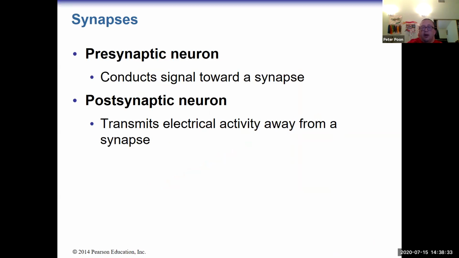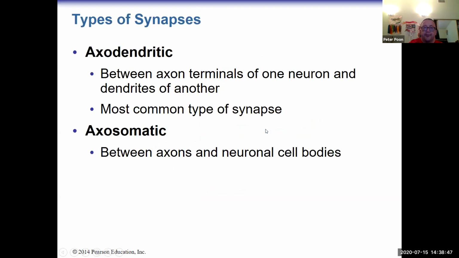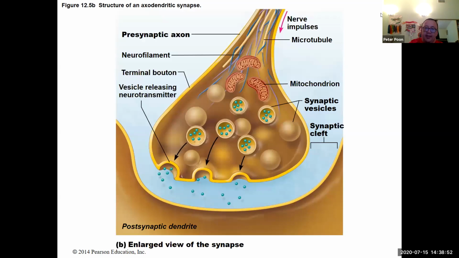A synapse has a presynaptic neuron and a postsynaptic neuron. Don't worry about types of synapses. You remember a similar picture with a neuron here, but instead of another neuron, it was a muscle.